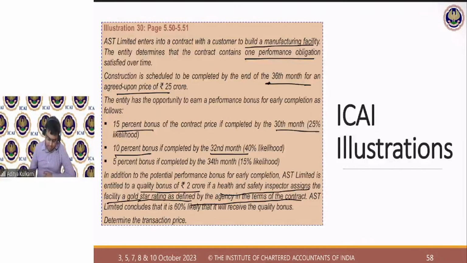Dekho, what do you think of this 25 crores? Is it fixed or is it variable?